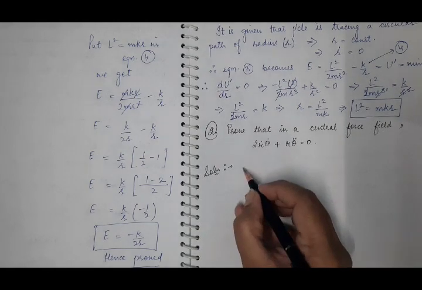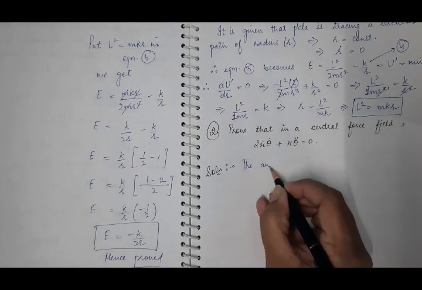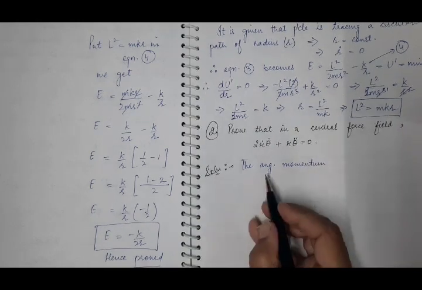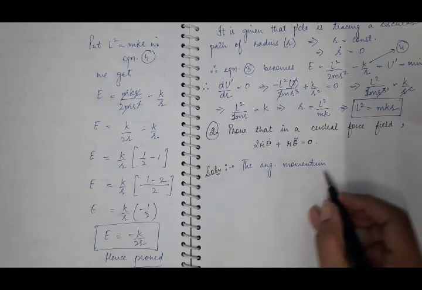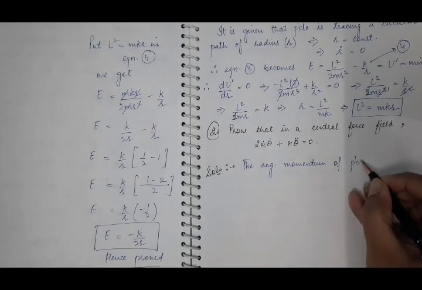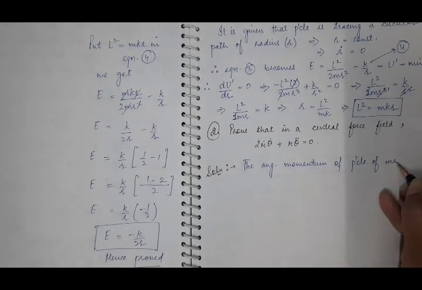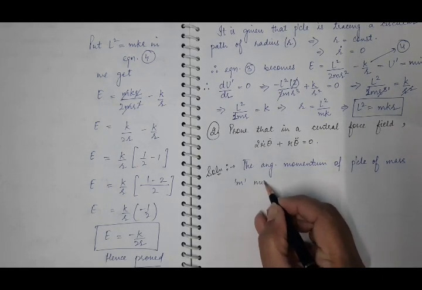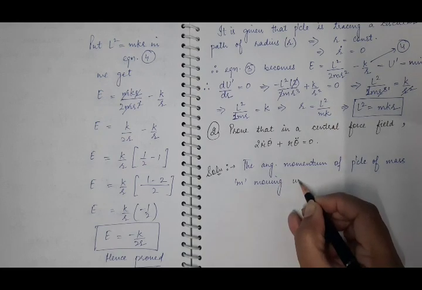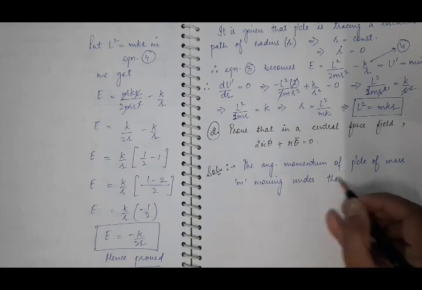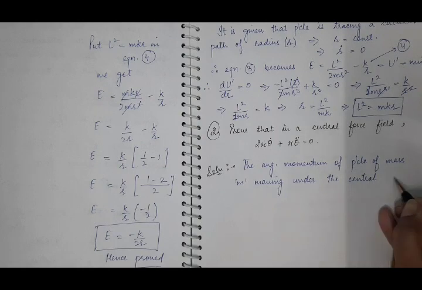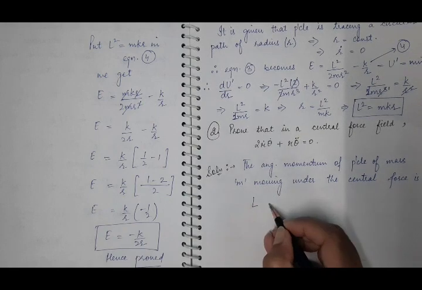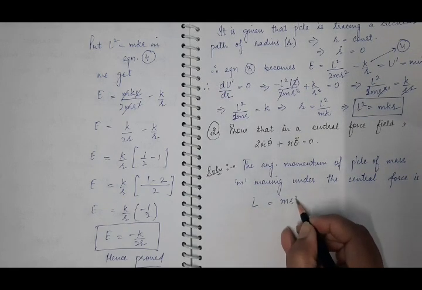So there, the angular momentum of a particle of mass m, we are using m instead of mu, moving under the central force is given by L equal to m r square theta dot.